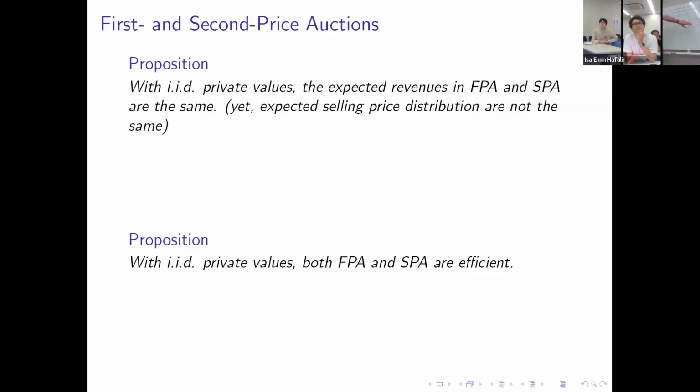Because if I know that the highest out of n is exactly equal to beta inverse of P, that immediately tells me that all the others are smaller than this. So among the remaining ones, the highest is strictly smaller than this. Or weakly, doesn't matter. Okay?